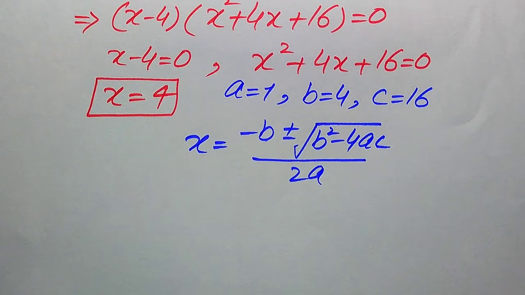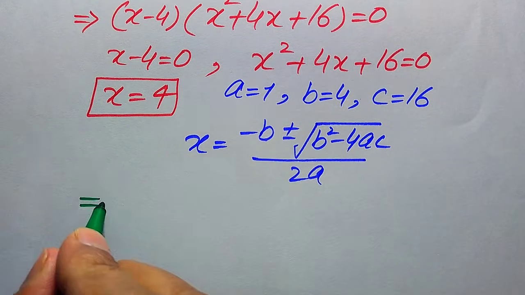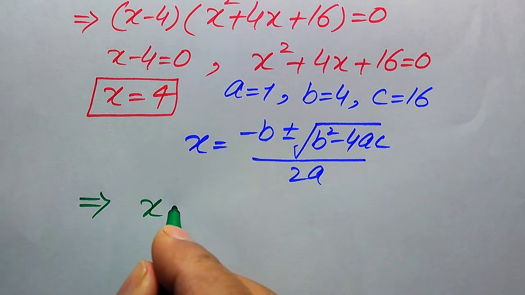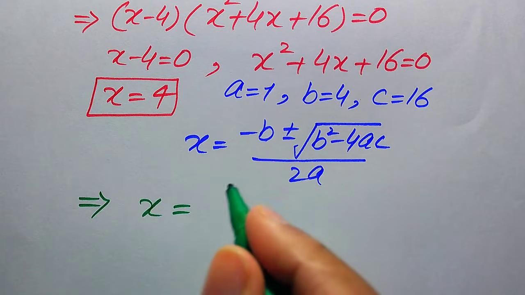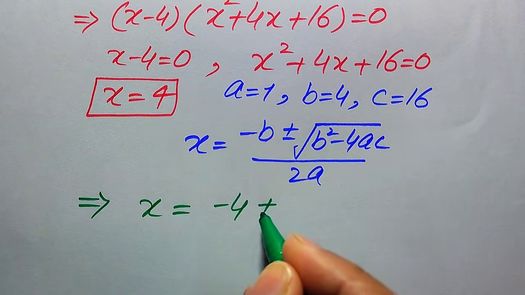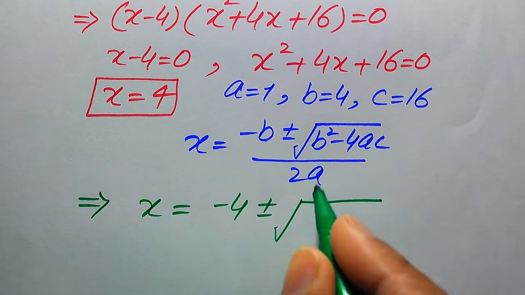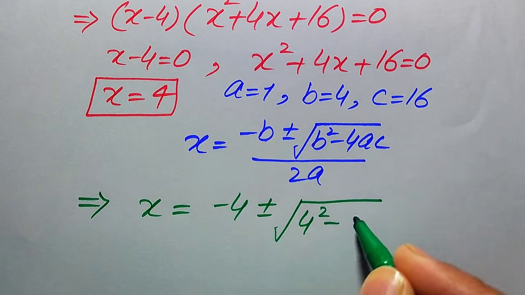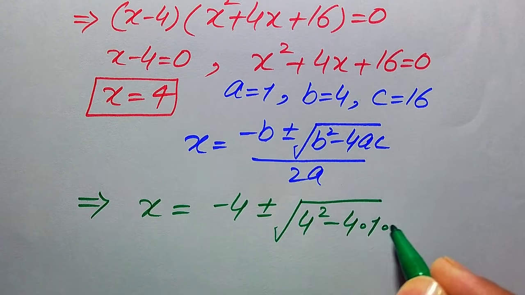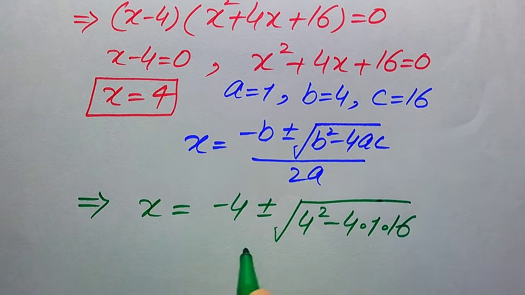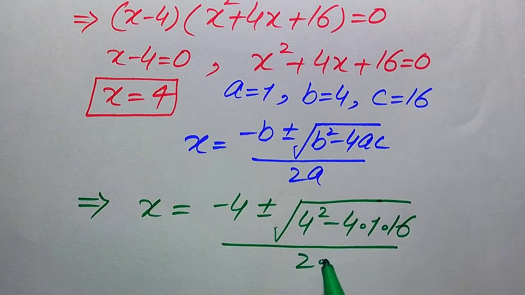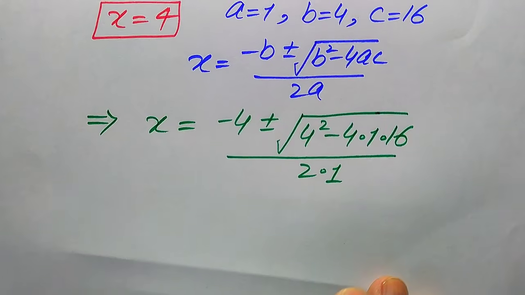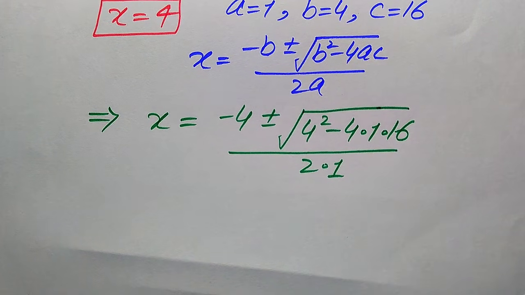Here we need to substitute all the values of a, b and c in this formula, and it will be written as x is equal to minus b, the value of b is 4, plus minus square root of b square, so 4 square, minus 4 times a is 1 and c is 16, divided by 2 times a, where a is equal to 1.